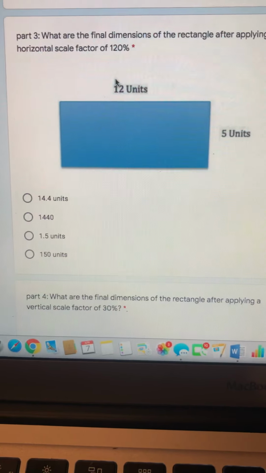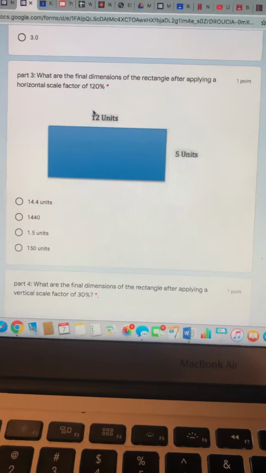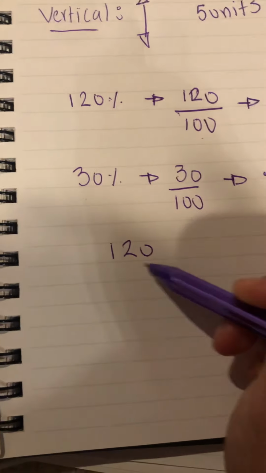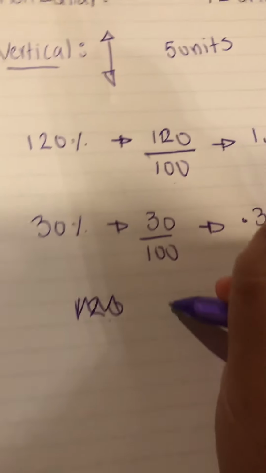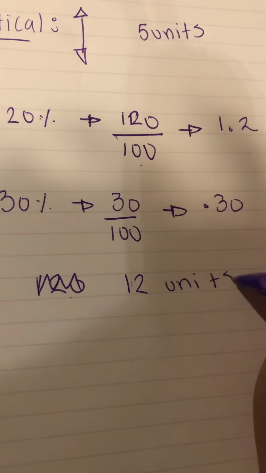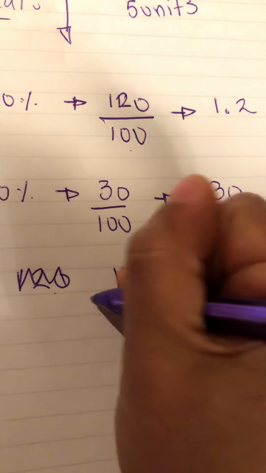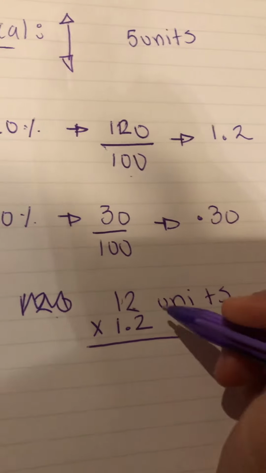So now I'm going to figure out, what would be 120% of 12? Which means you're going to multiply. This is 12 units, and I want to know, what is 120% of 12? I'm going to multiply it by 1.2.